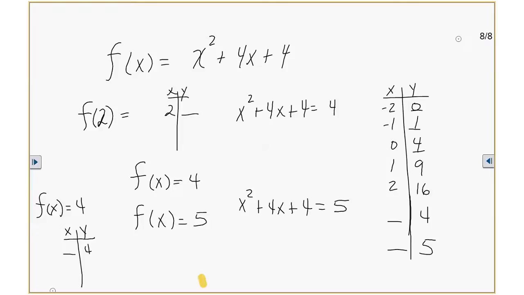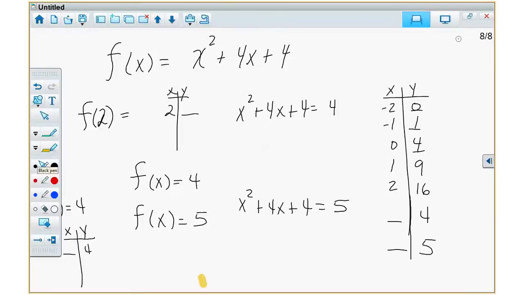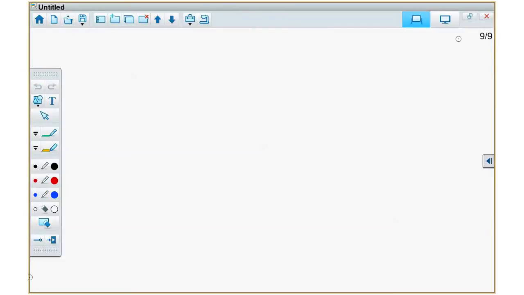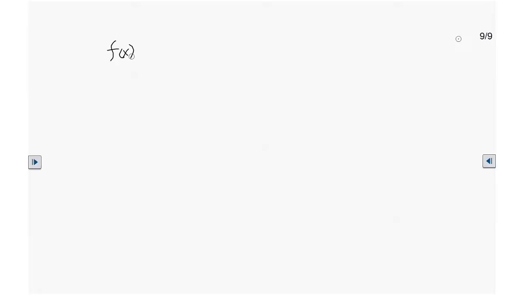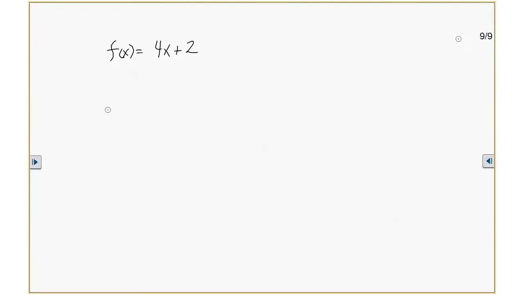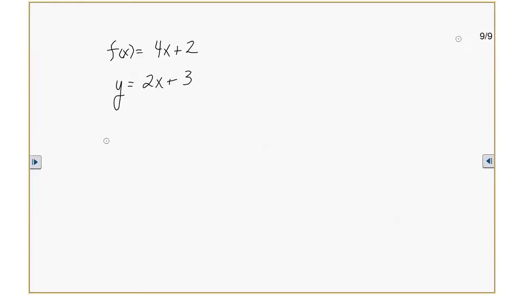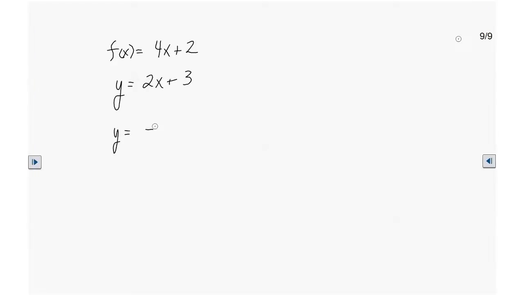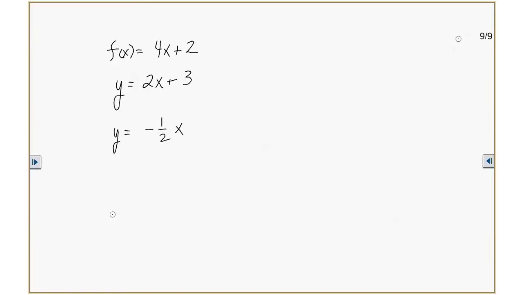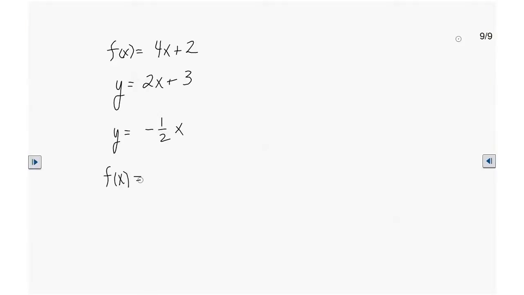So let's talk about graphing nonlinears. Back a long time ago, you were told f of x is equal to 4x plus 2, or y is equal to 2x plus 3, or y is equal to negative 1/2 x, or f of x is equal to 2.